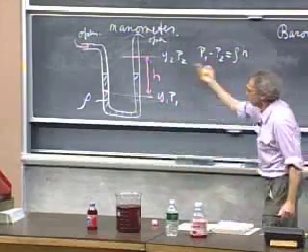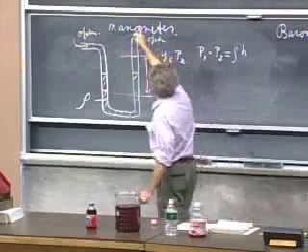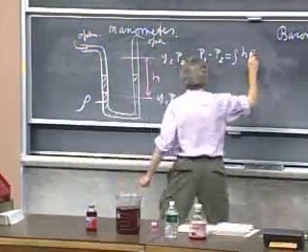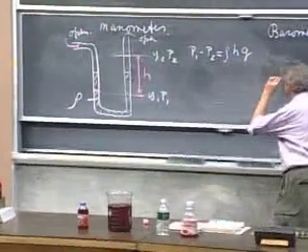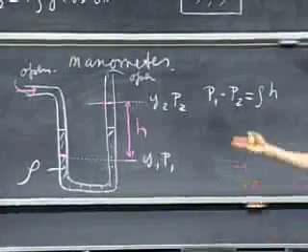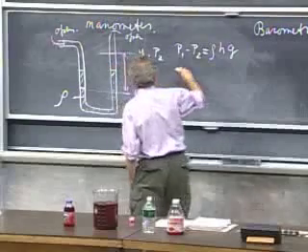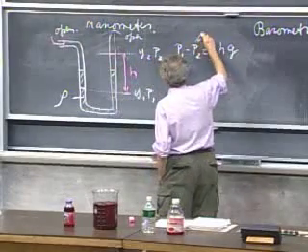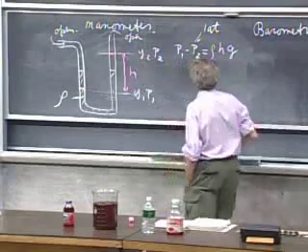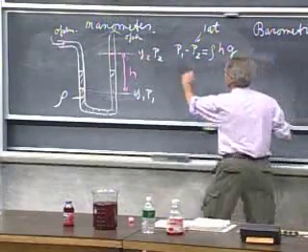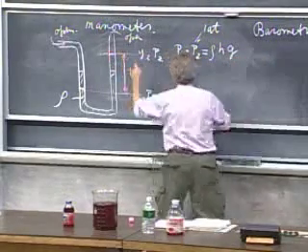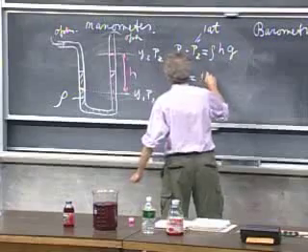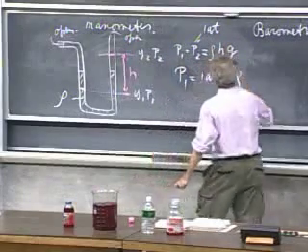I apply the law that we still have here. I know that the p2 level is 1 atmosphere. That's open to the world. So p1 equals 1 atmosphere plus rho h g.